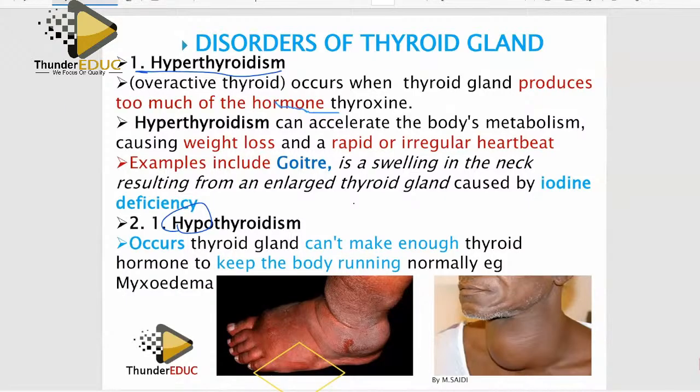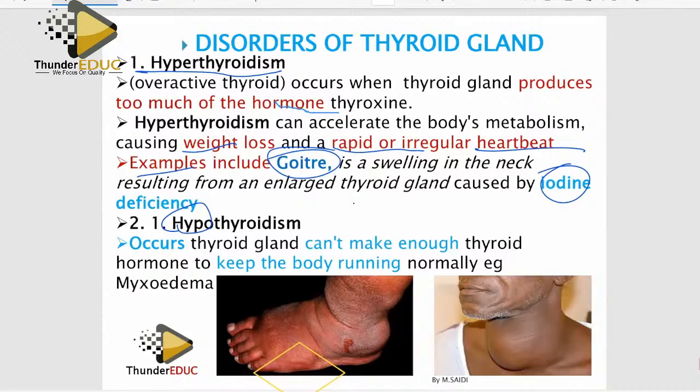Hyperthyroidism is too much, and this will lead to some of these characteristics, and you will also suffer from goiter. This is basically as a result of the deficiency of iodine in the body. That's why we tell you that when you're eating salt, eat iodized salt.